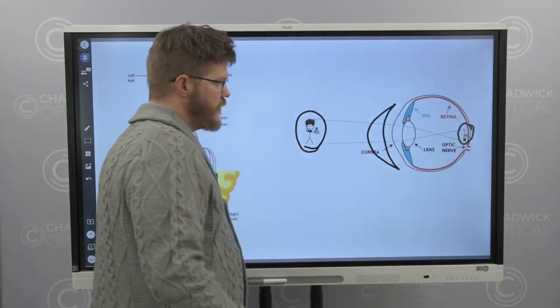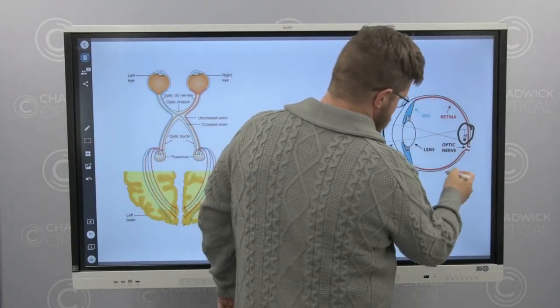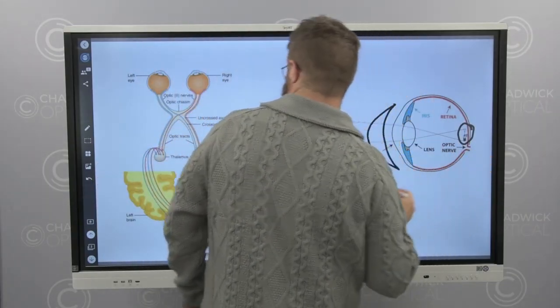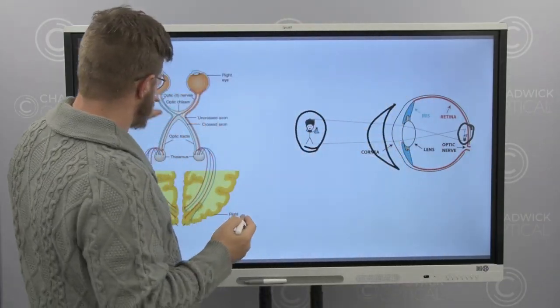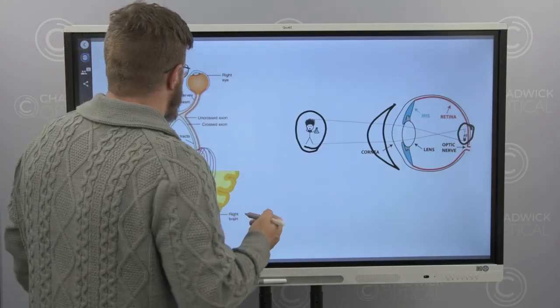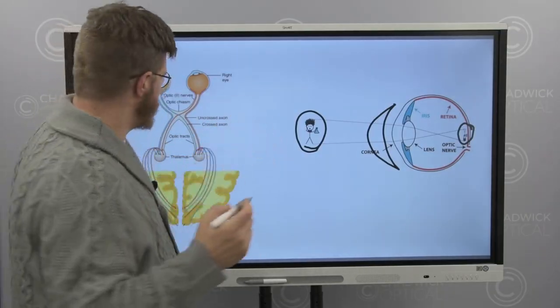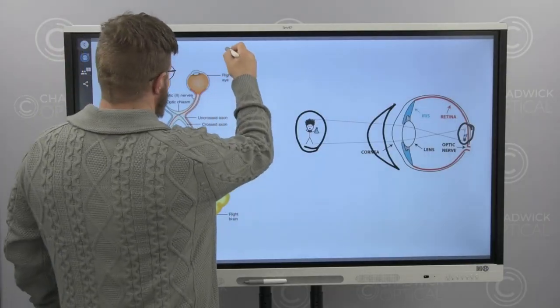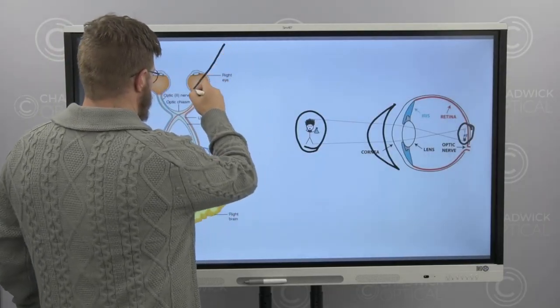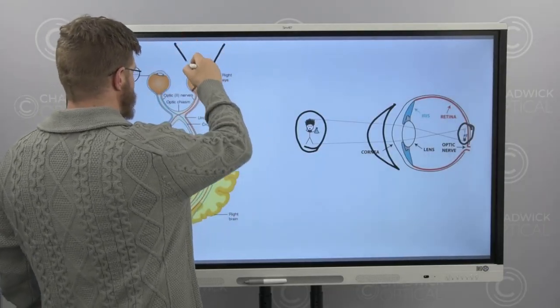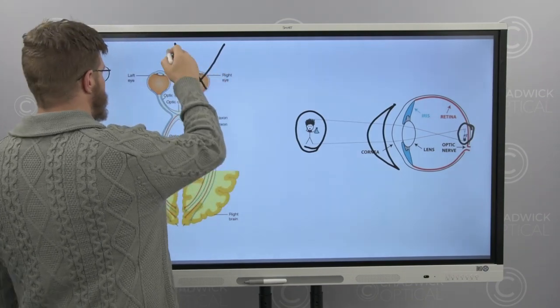Now what happens? That retinal data is sent down the optic nerve. This represents the optic nerves, and one thing that is important to remember is that everything's flipped.